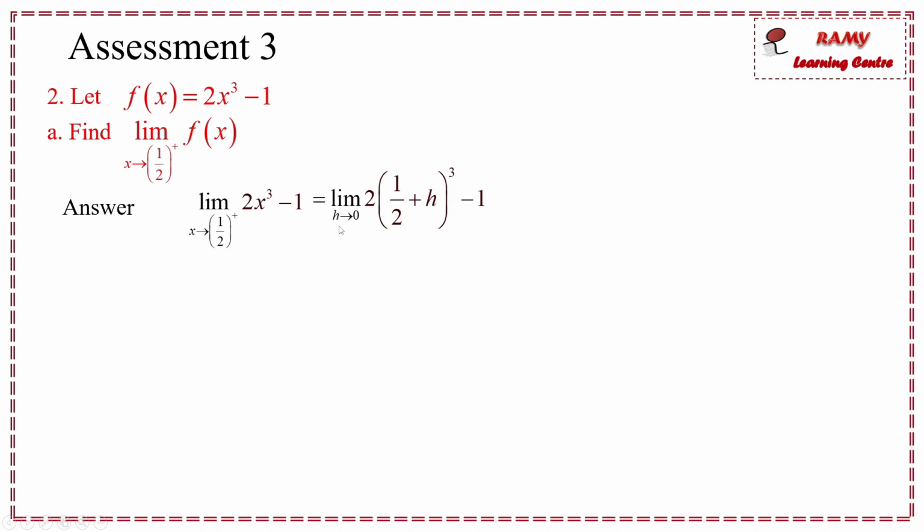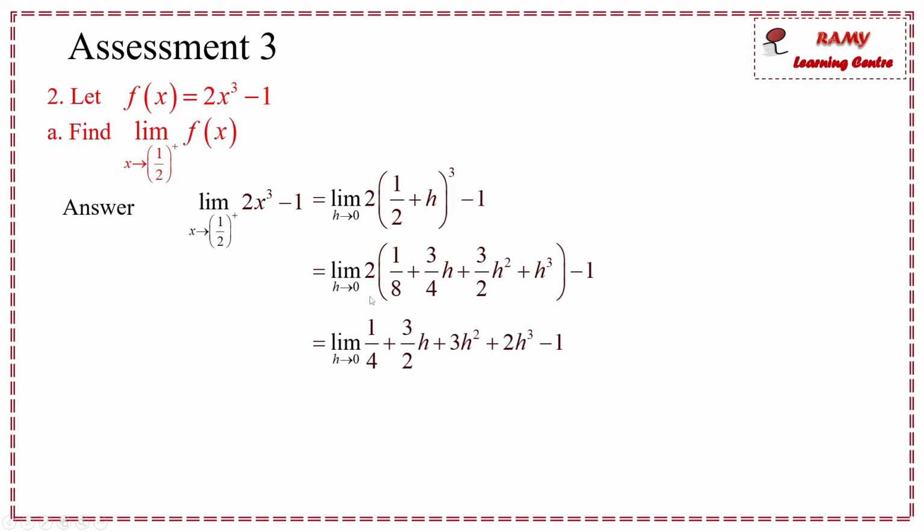It's always easier to convert it to h tending to 0 of 2 into half plus h the whole cube minus 1, which is equal to limit h tending to 0 of 2 into, when you expand this you get half cube that is 1 by 8 plus 3 into half square that is 3 by 4 into h plus 3 into half into h squared plus h cubed minus 1.